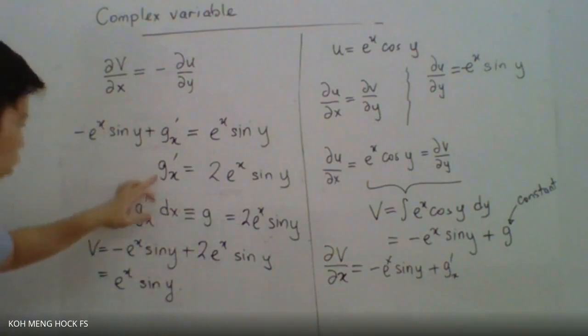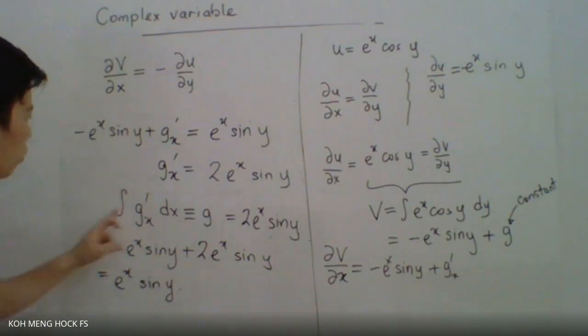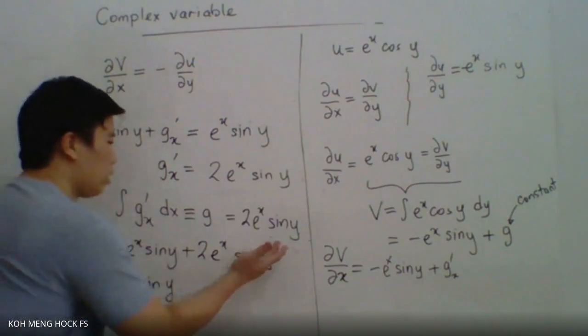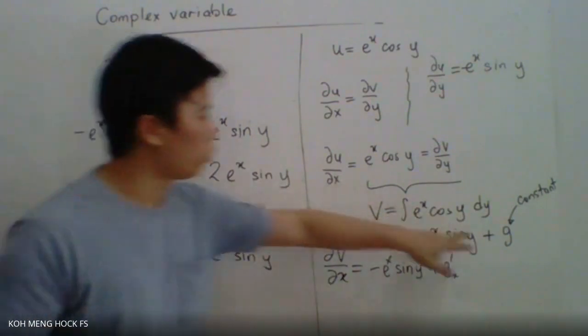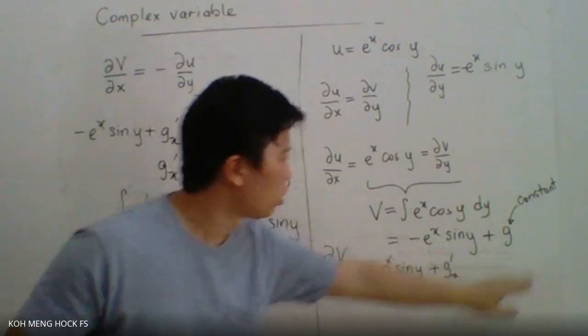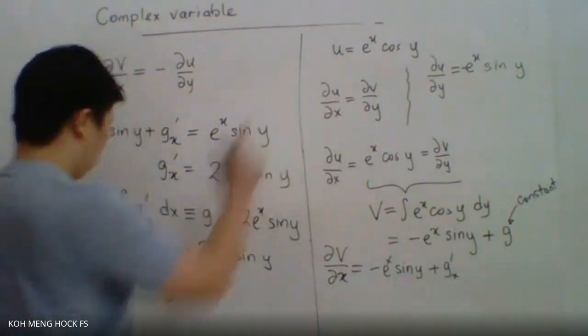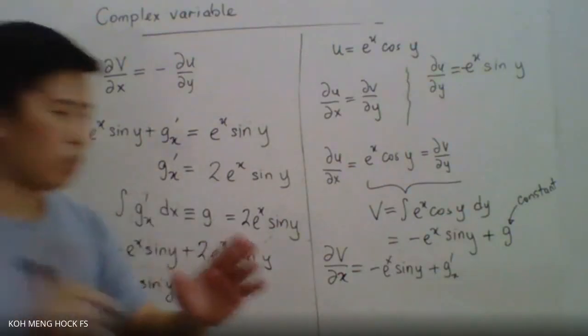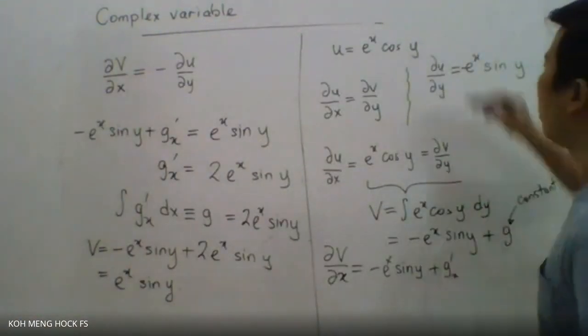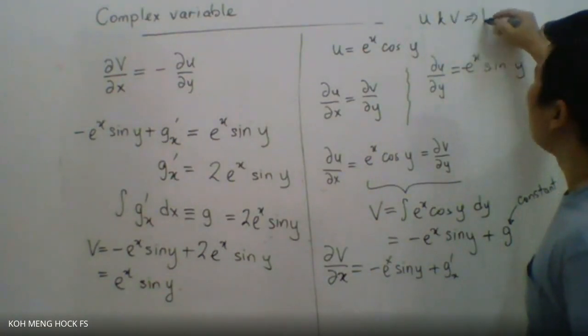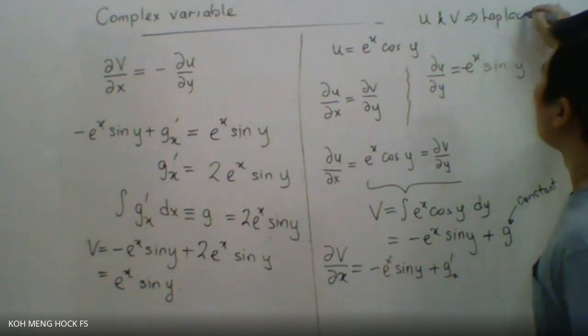And then you want to find g(x), you take the integration with respect to x, get the g, you got the answer, and then you put the g back into this expression, then finally you got v. So now you got u, you got v. But this works because u and v fulfill the Laplace equation.